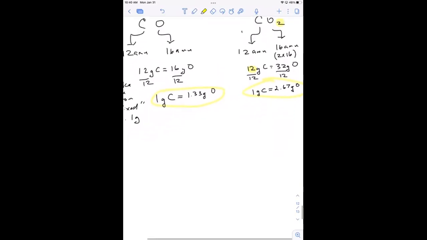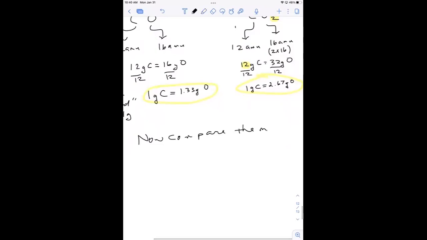So now I need to compare the masses of oxygen in each compound to check the ratio.